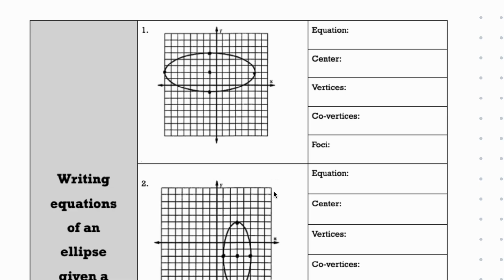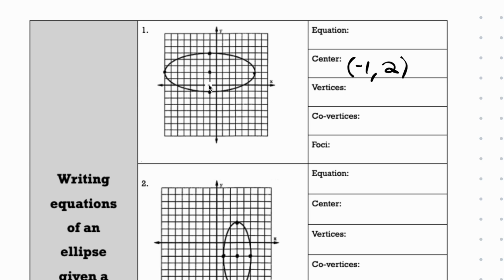So it's pretty simple finding the center. They give it to us. So this is going to be negative 1, 2. Our vertices are going to be along our major axis, which is our longer axis. So it's going horizontally.